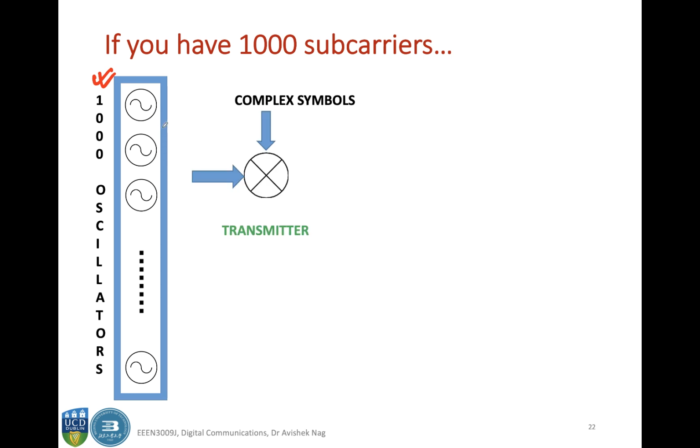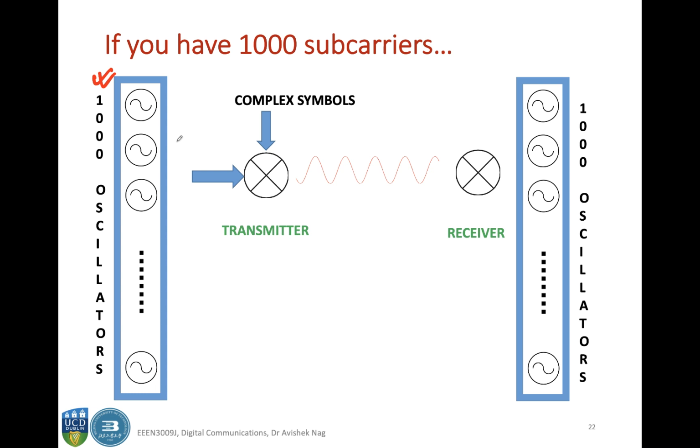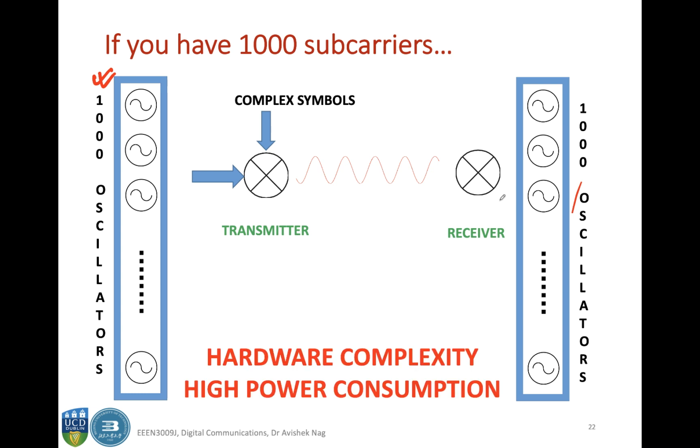So in your transmitter you have to multiply the complex symbols with 1000 different frequencies, and then in the receiver also you need 1000 oscillators to do the correlation operation. This is not very practical because it would require a lot of hardware complexity and very high power consumption.